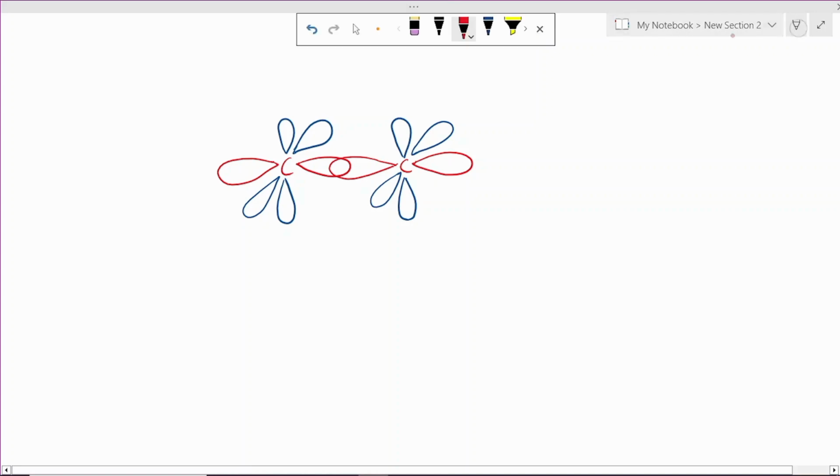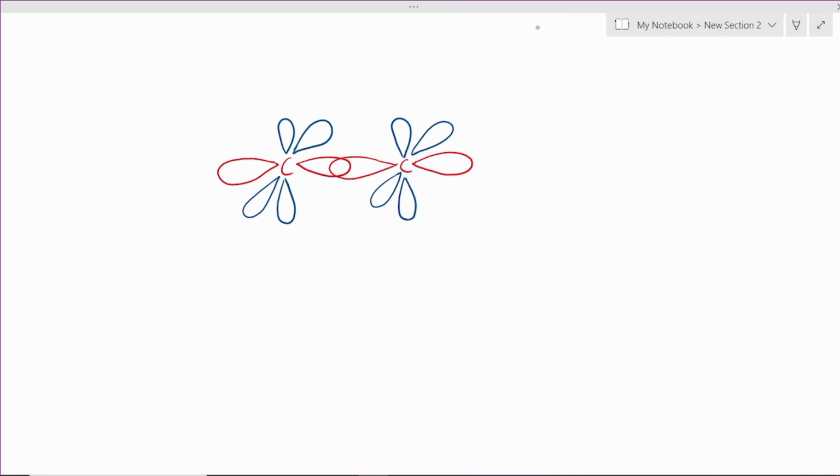So if we draw the pi bond, this is one pi bond, and that is another pi bond.